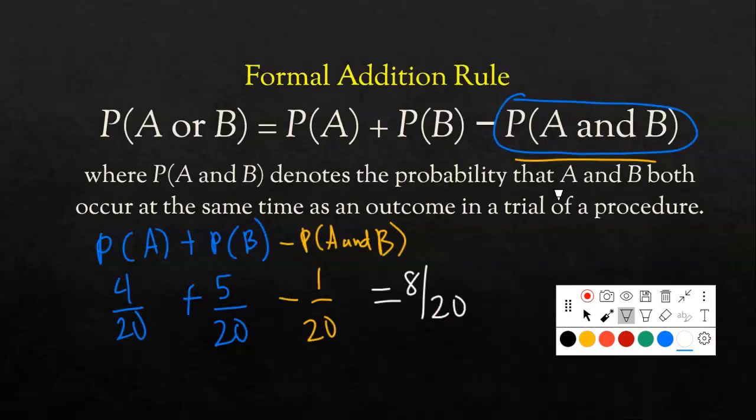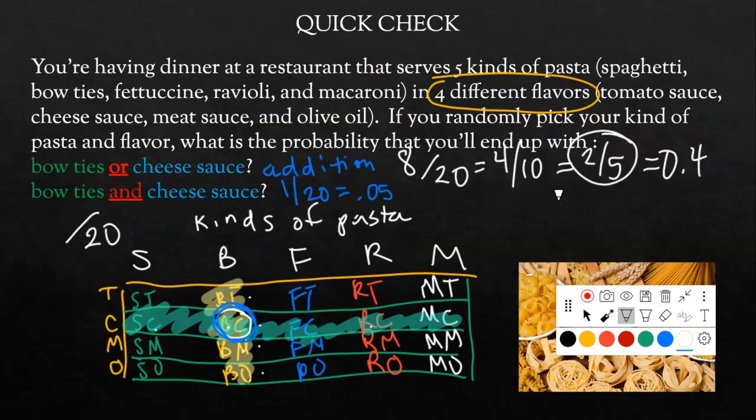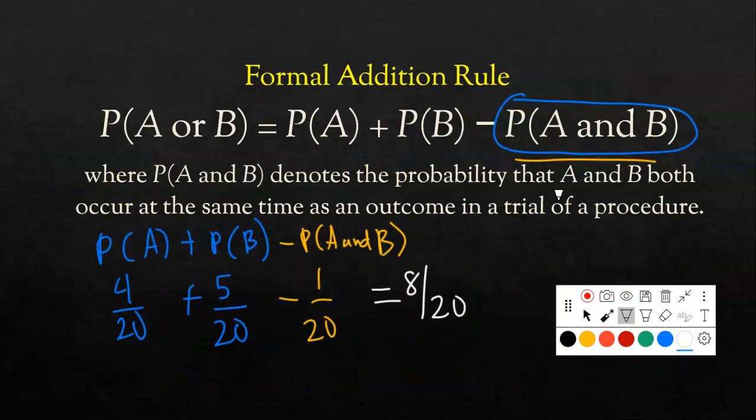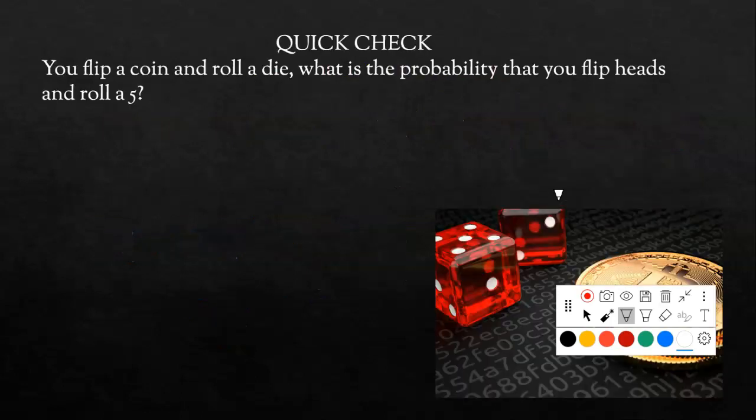So the other probability that I came up with was what's the probability you'll end up with bow ties and cheese? And that's what they call the multiplication rule. So it's the probability of one event happening times the probability of another. And so I could have just multiplied, and I'll show that in another slide.